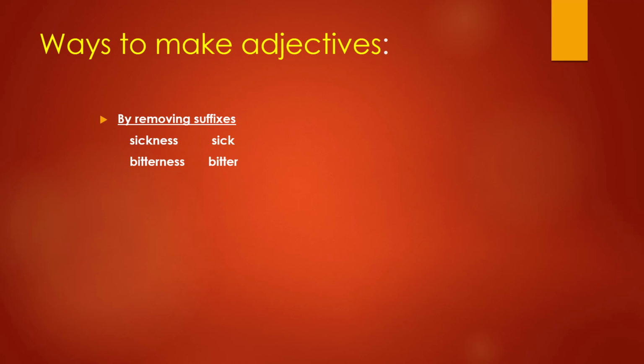You can see that sickness is a noun, but it becomes sick, and bitterness is a noun, but it becomes bitter after removing suffix. The second technique to make adjective is by adding suffixes. Hand is a noun, but we added y and made it an adjective. Same is the case with child. It becomes childish after adding suffix.